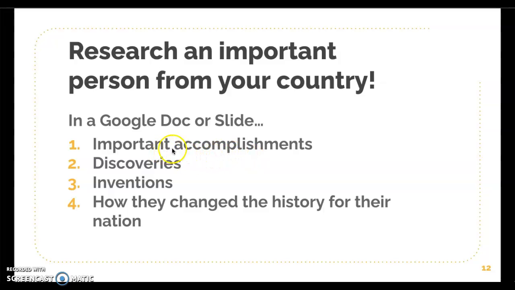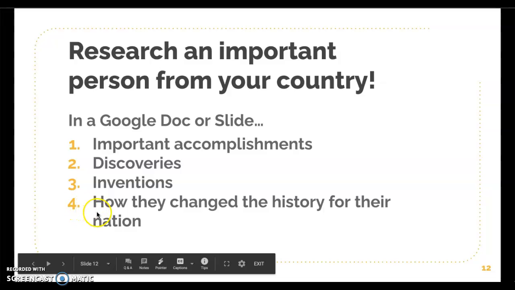That just means what are some important things your influential person has done to help shape or change the country. Maybe there were discoveries that person made, like a scuba diver who discovered a new species down in the deep, dark sea. Who knows? That's just an example. Maybe your person was an inventor and they invented something new.